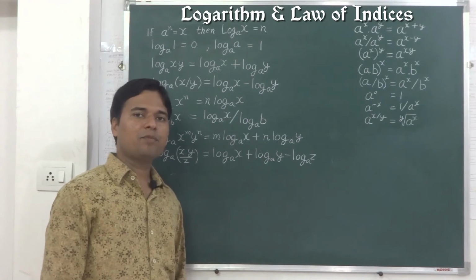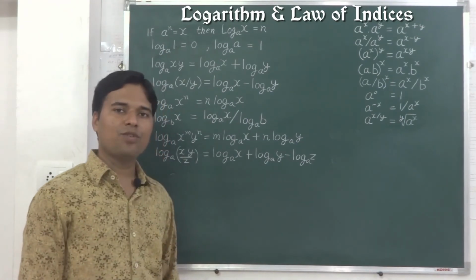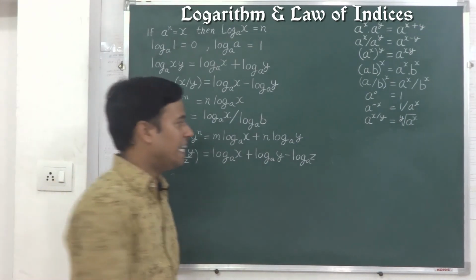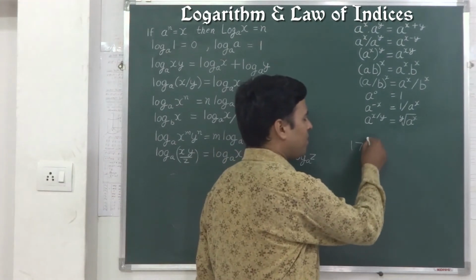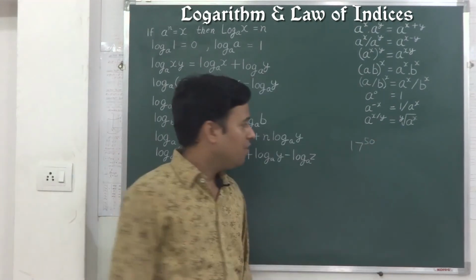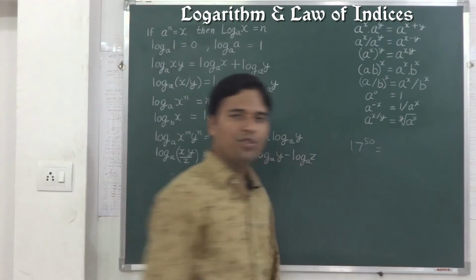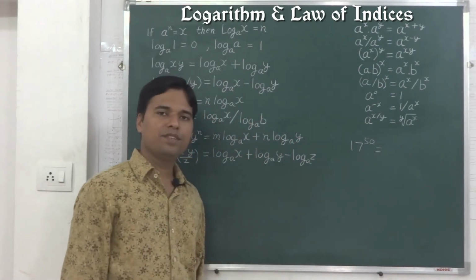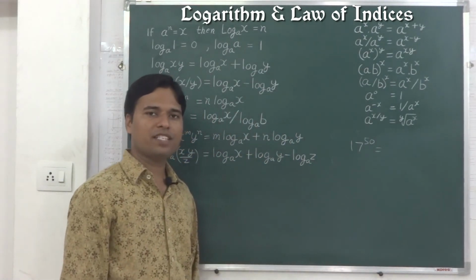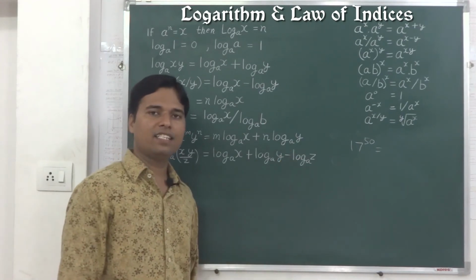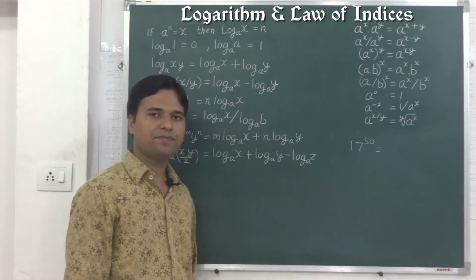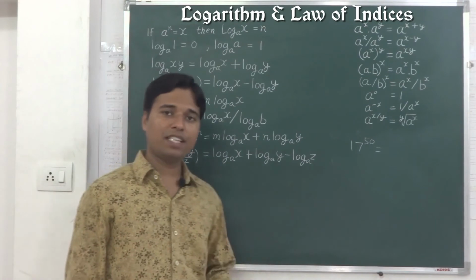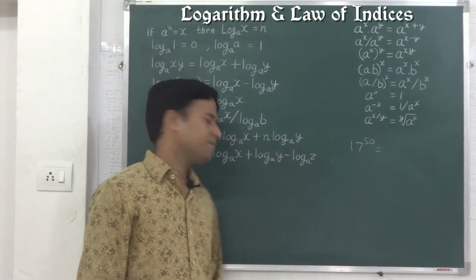These typical problems which can be solved using calculators only, like 17 power 50, we can get its value using the logarithm, with some approximations, but we can get it within 2 minutes. So we must learn that concept.